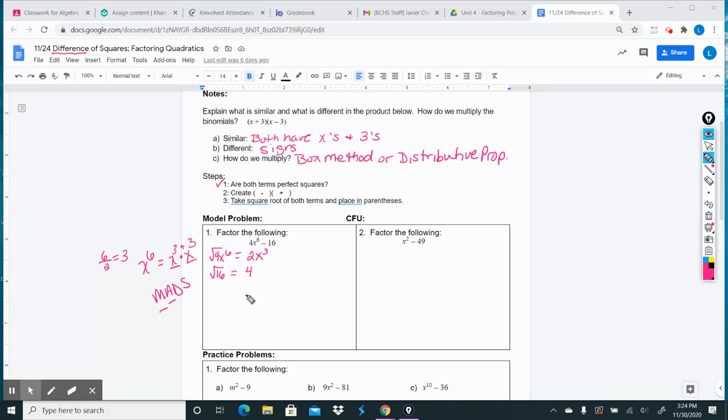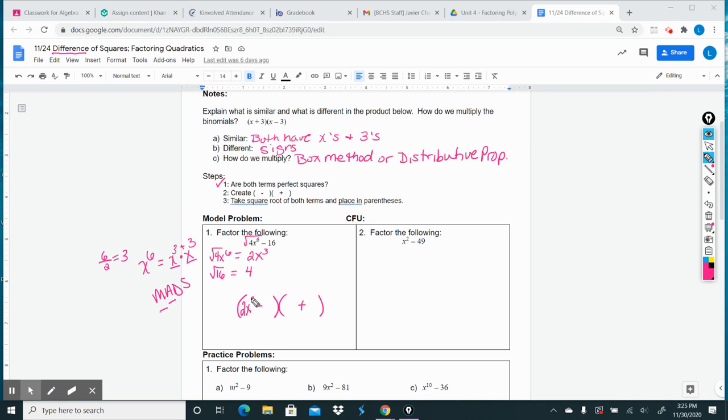So then we can go ahead and create our double set of parentheses, one with a minus sign in the middle and one with a plus sign. It does not matter whether the plus sign is here and the minus sign is there. Then you're going to take the square root of both terms and place them in the parentheses in the correct position. The square root of 4x to the 6th is 2x to the 3rd, so it is the first position in each binomial.